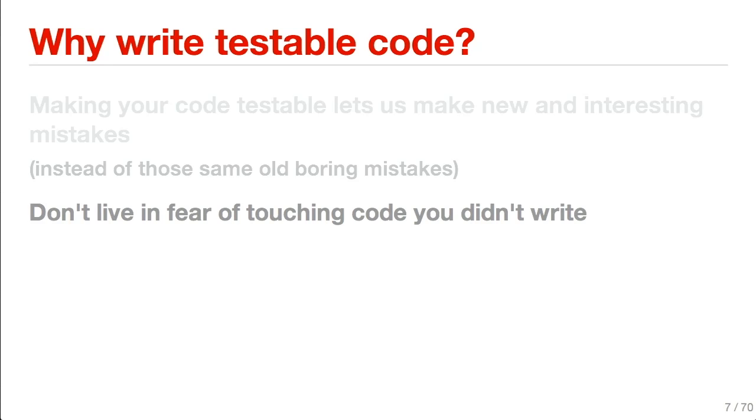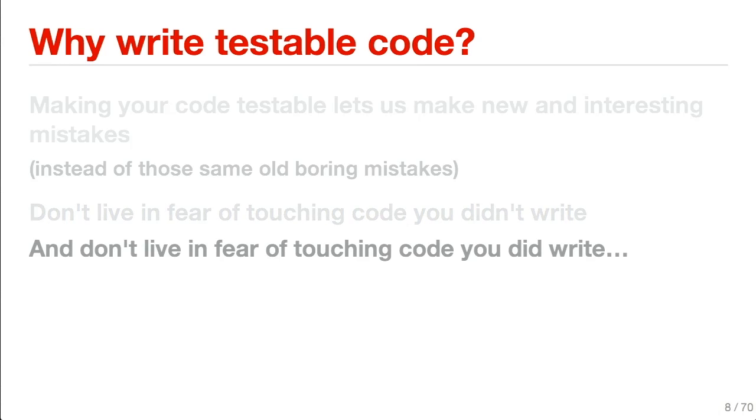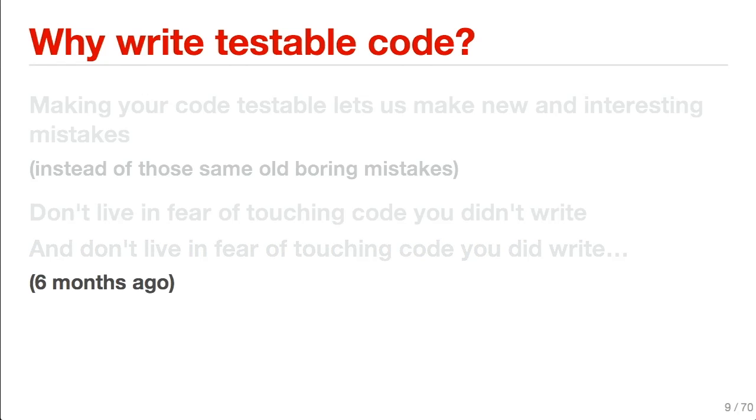Testable code makes sure you don't live in fear of touching code you didn't write. And the code you did write about 6 months ago might be more approachable if you can reason that if you change this, you can be confident that running the tests will catch any errors, regressions, or changes in the contract to the outside world. Does this make sense to everybody?